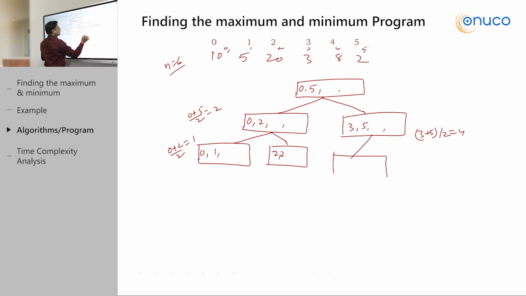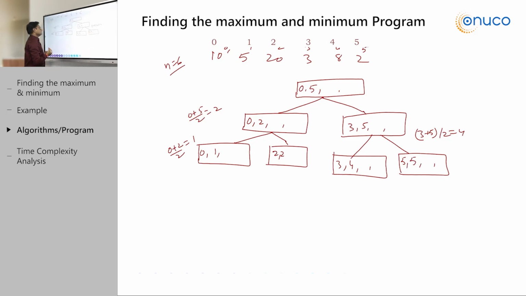So the left is 3, 4, and the right will be 4 plus 1, which is 5, so low index 5, high index 5. As per our problem, 0, 1: high minus low is 1. Second case, 2 and 2, L and R are the same. 3 and 4, high minus low is 1. 5 and 5, the same.